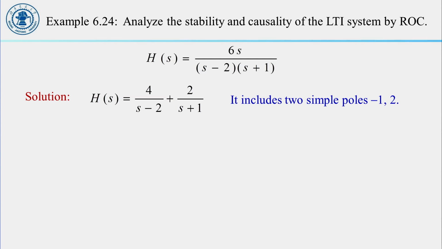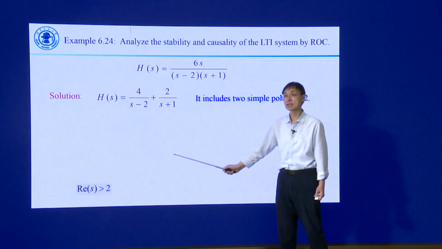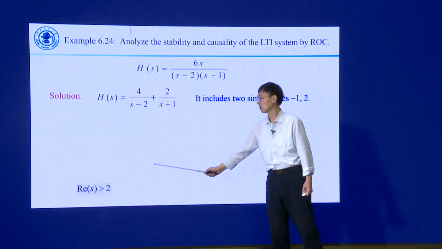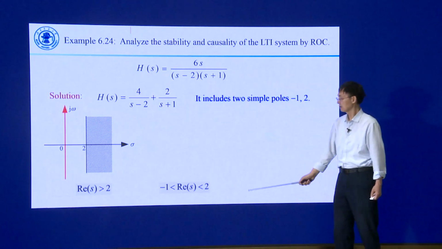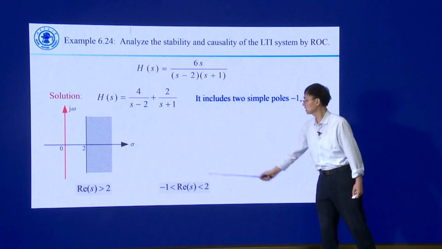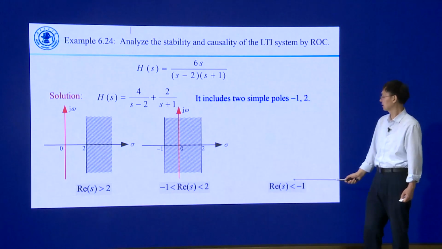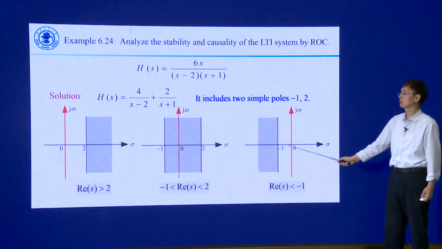One is -1, another is 2. So for this transfer function, there are 3 possible regions of convergence. One is real part of s greater than 2. One is this region. Another is this region.